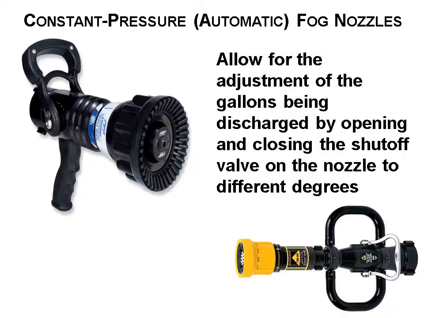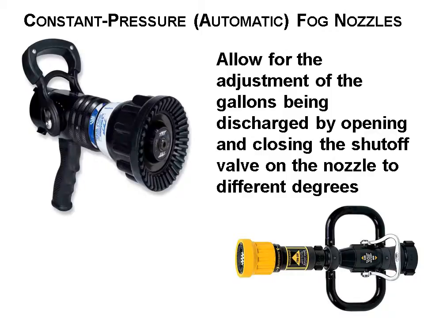These automatic fog nozzles allow for adjustment of the gallons being discharged by opening and closing the shutoff valve on the nozzle at different degrees. Some of these nozzles have a gallon selector on the nozzle itself.